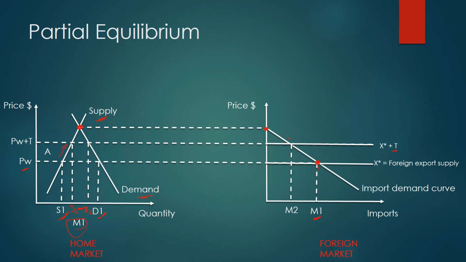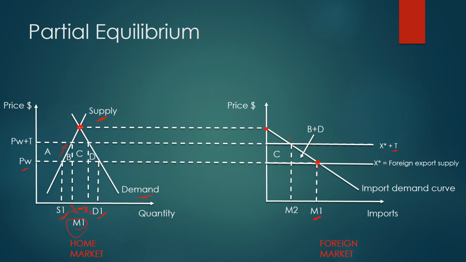So now we're just going to label the areas on this diagram to look at the welfare effects. So we have A, B, C, and D. On the right-hand diagram, we have C, and we have B plus D. And actually, these letters on the right are directly interchangeable with those letters on the left.